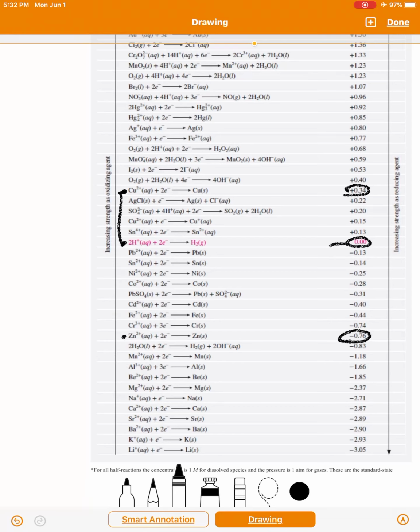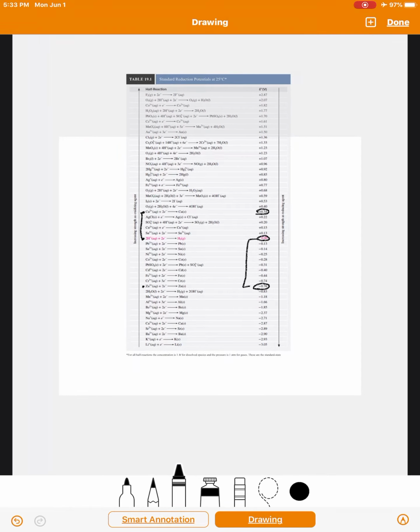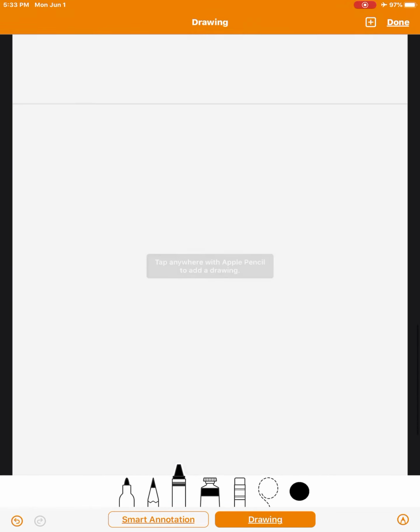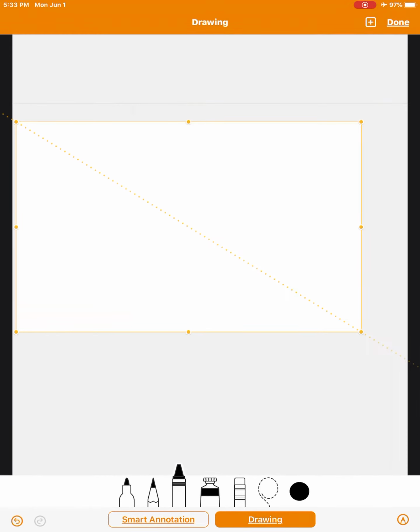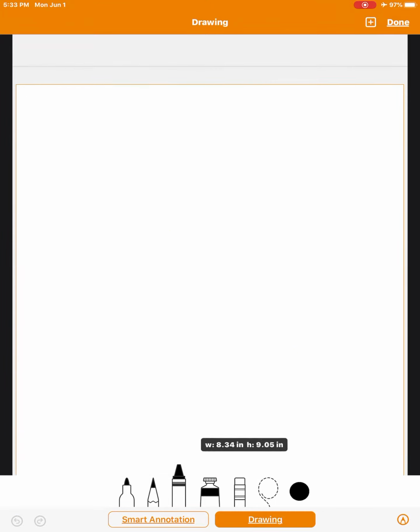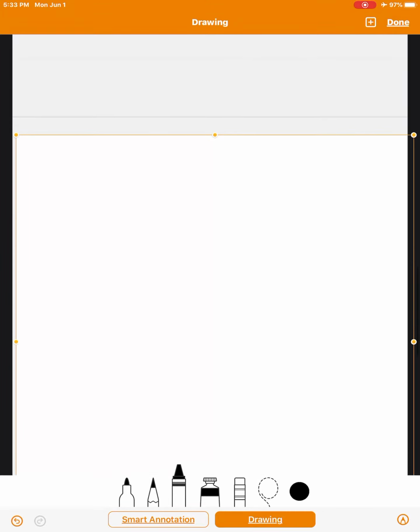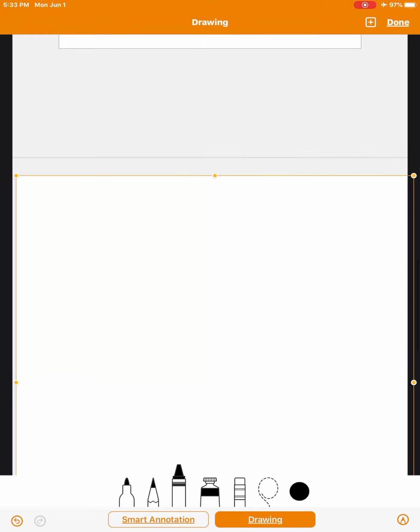So 0 minus a minus 0.76 is 0.76 volts. So we use this table to calculate cell potentials. It's really clever. It's a really nice way to make these predictions about cell potentials for galvanic cells. It's really nice, okay? So let's take a look.